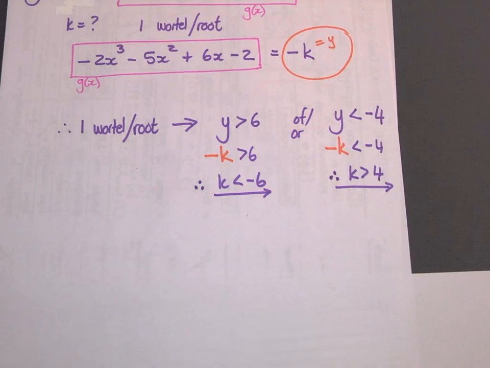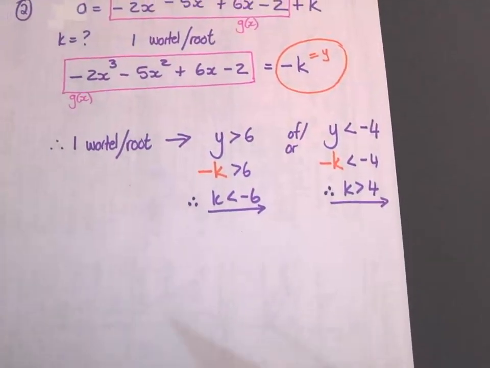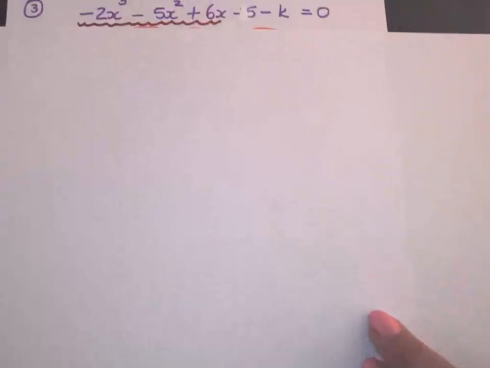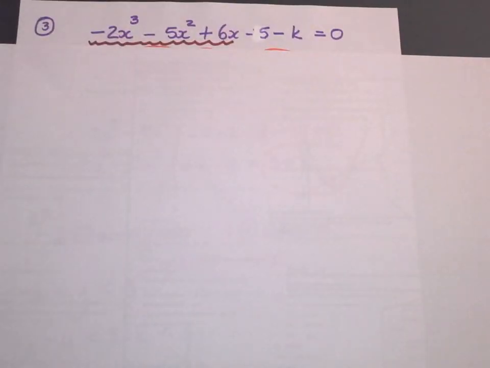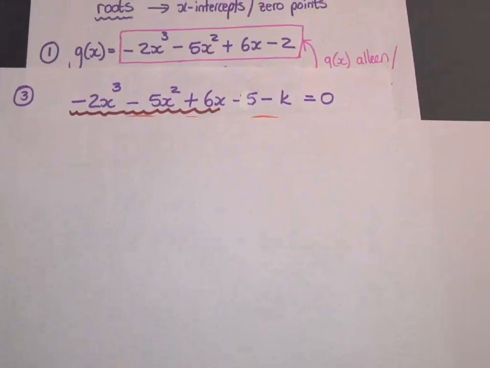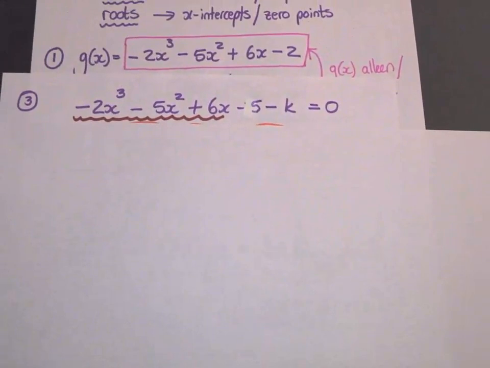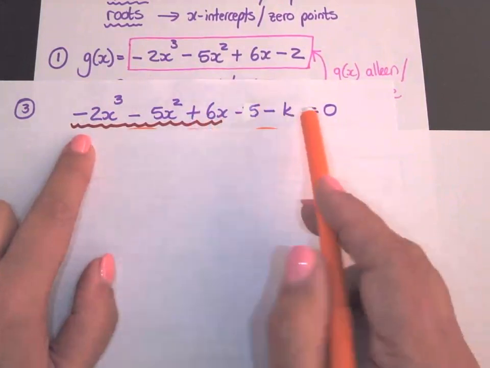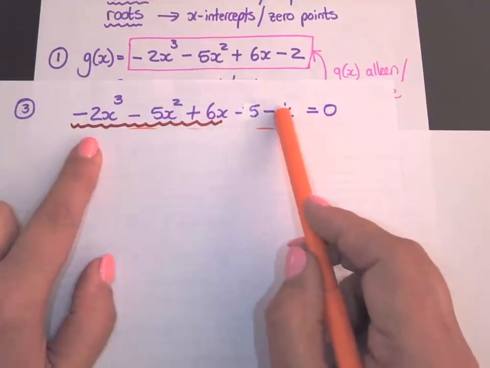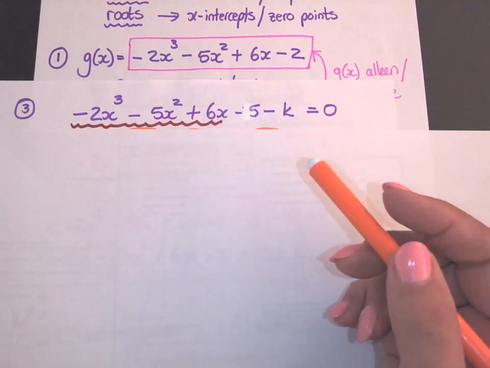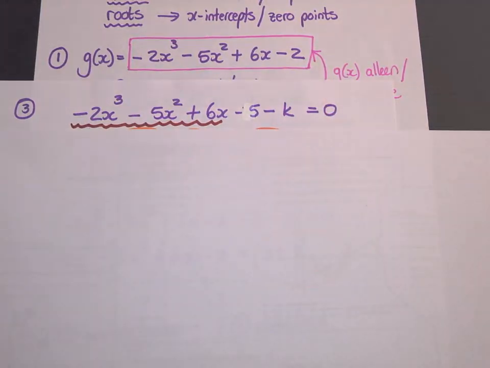Now let's do the third one. The same g(x). Now I say, what must the value of k be if I want 2 negative roots and 1 positive root?